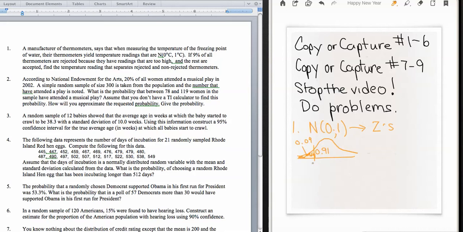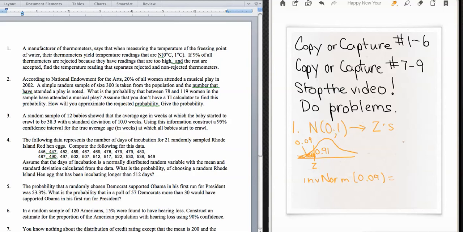And what we're being asked to find is what is this value right here that separates the rejected ones from the accepted ones. This again is an inverse normal question. We're going to solve this by simply saying that this is the inverse normal for 0.09. And once we calculate that value, then we're going to go ahead and give it as degrees Celsius.